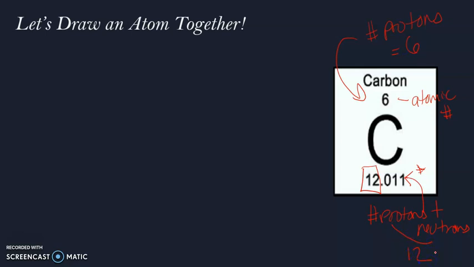Hey, Mrs. Liddington, that's really great, except how do I figure out neutrons? Well, we have to do some math here. My number of protons is 6. Neutrons and electrons we're going to figure out. We take the number down here, the atomic mass, and subtract the smaller one on top, my atomic number.